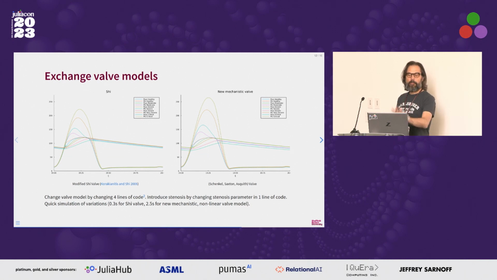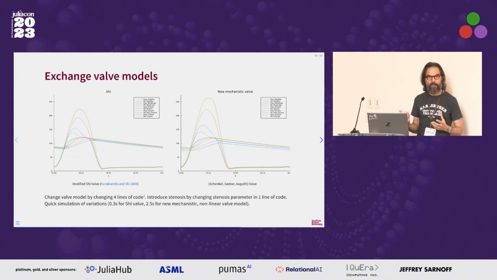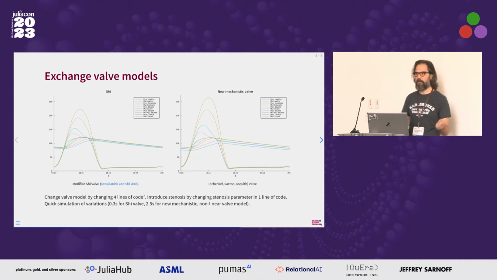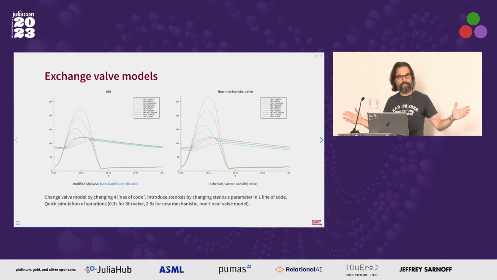And the times I showed you here are the times for the parameter set that we have defined that are physiological. If I move away from that, we had some parameter sets where those 2 milliseconds suddenly became 2 seconds, because DifferentialEquations.jl will switch to a stiff solver and then solve for that parameter set.